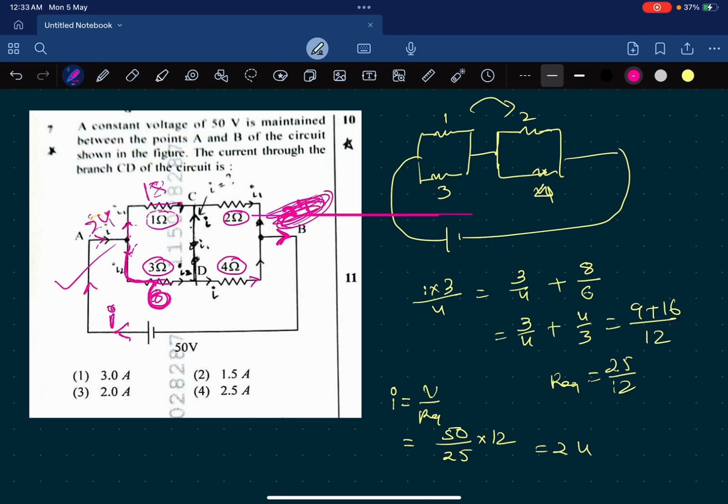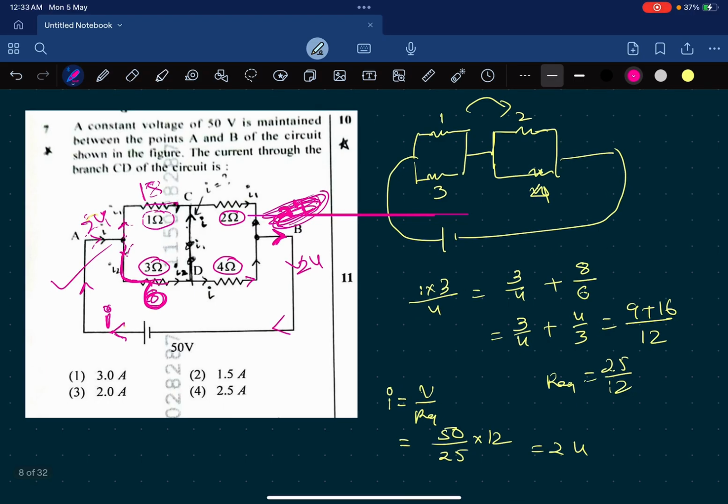Now this 24 amperes of current should come out from the junction, and therefore according to the resistance the current will be divided. So here we consider 1 unit, here we consider 2 units, right? So electric current here should be more.